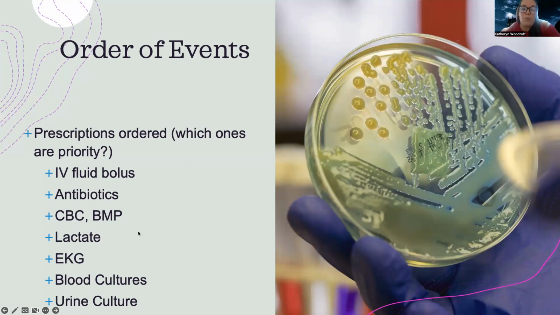Lactate, this is an important one. If you don't know about lactate, learn a little bit. Think of lactate as the siren that your body doesn't have enough oxygen. If you remember this with DKA, how you go into diabetic ketoacidosis because your body's like, I don't have enough sugar, I'm going to start breaking down ketones.